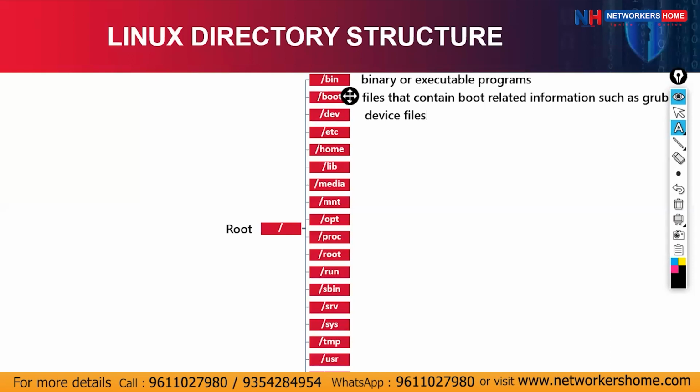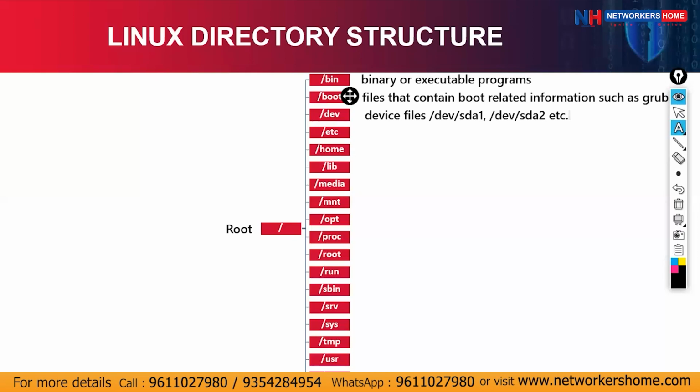For example, whenever you mount a particular partition in the system, you might use a name such as /dev/sda or /dev/sda1, or /dev/sda2, etc. These are the files related to devices. Let's say a hard disk or a CD or DVD you have connected, those will be given under /dev.